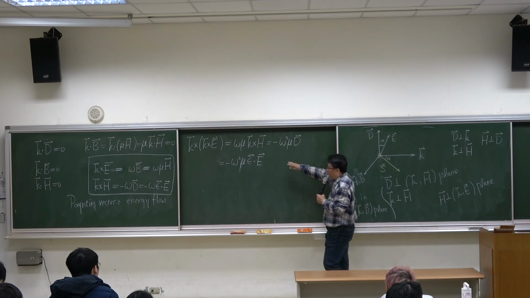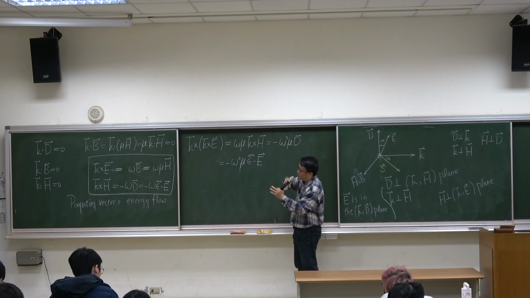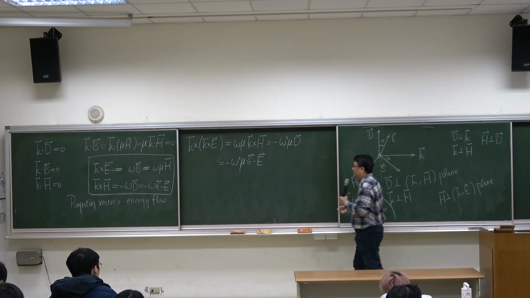So this equation will tell us the dispersion relation, which means the relation between K and omega.